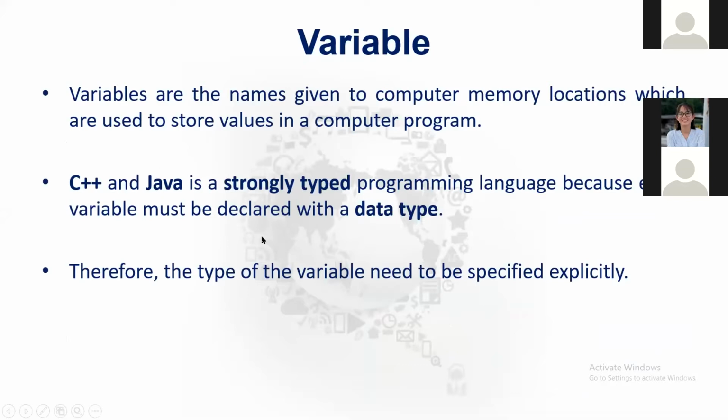C++ and Java are strongly typed programming languages because every variable must be declared with a data type. This is very important, because in this world we have different kinds of numbers. In numbers, you have decimal-point values and non-decimal-point values.